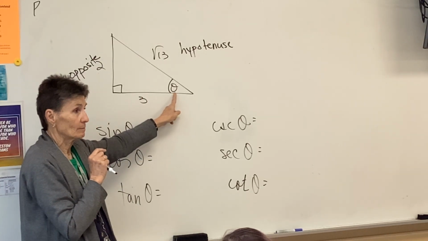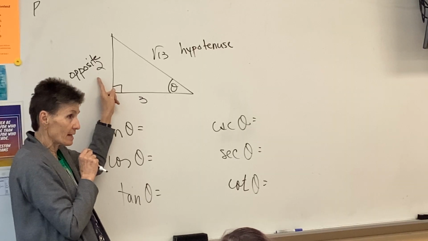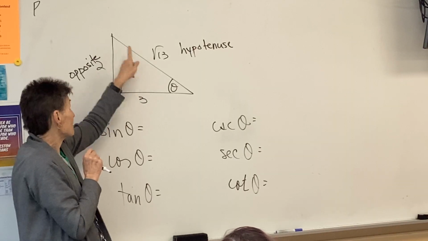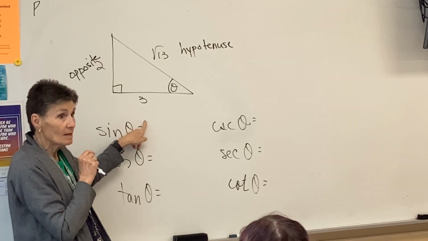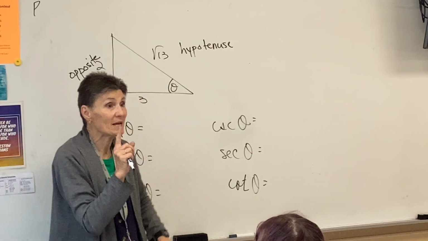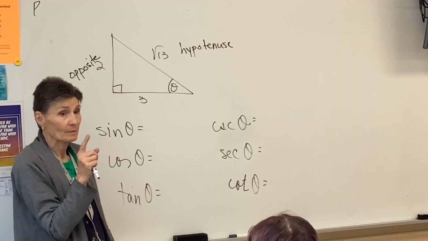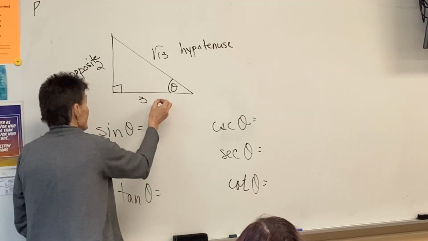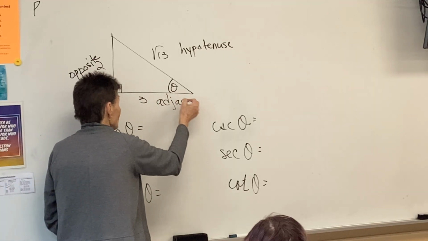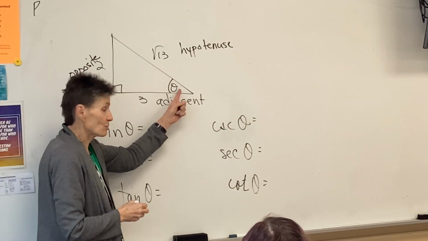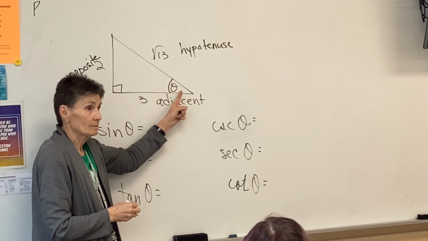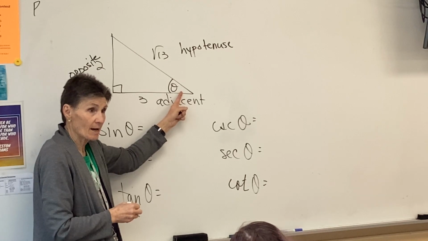There's my angle. This is the opposite side. If that had been my angle, this would be the opposite side. The opposite side changes depending on the angle. This side is called the adjacent side. What does adjacent mean? Next to. That side is right next to the angle. It's called the adjacent side.